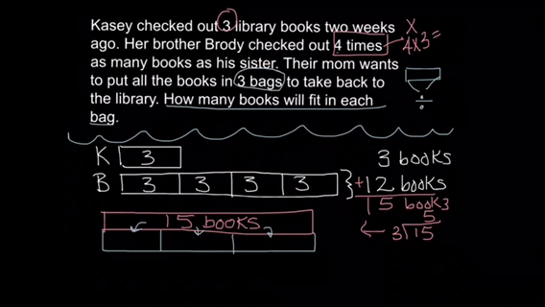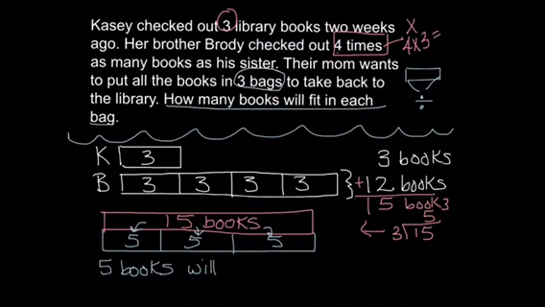And we know that 5 books will go into this sack, 5 will go here, and 5 will go here. So ultimately, the answer to our question, how many books will fit in each bag, is 5 books will fit in each bag.